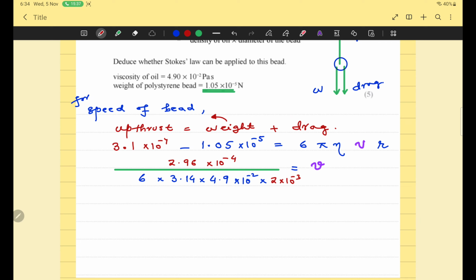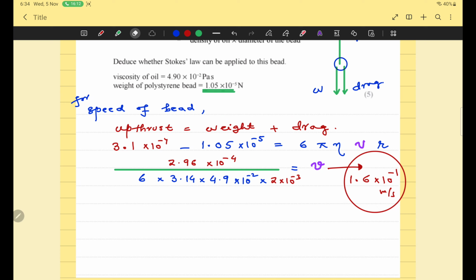If you solve, the final answer of velocity is 1.6 × 10^-1. This is the terminal velocity we have calculated using Stokes law, by calculated upthrust, with weight given.